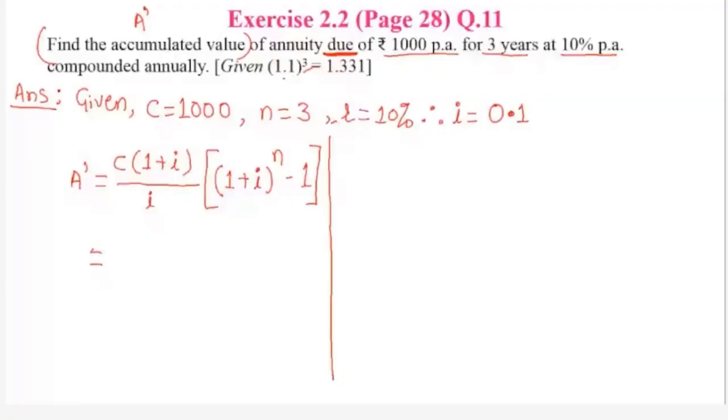That is equal to C. What is C? 1000, in bracket 1 plus I, that is 0.1, upon I, 0.1, in round bracket 1 plus 0.1 raised to N, which is 3, minus 1.